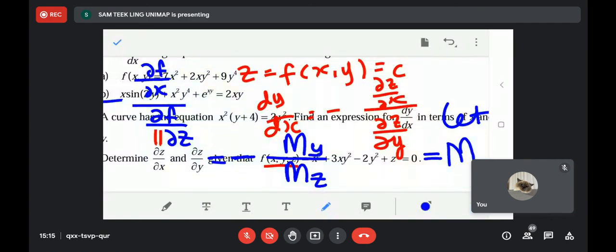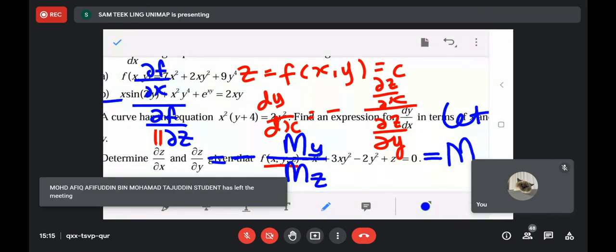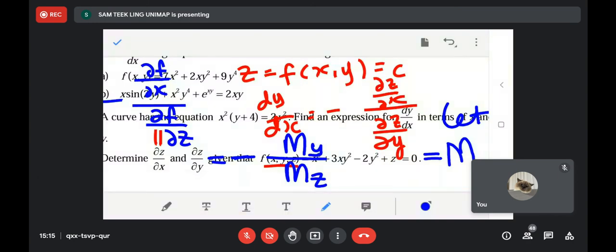Before, our formula in our notes was only for two variables, but in the exercise we got three variables. So, is there a problem or not?